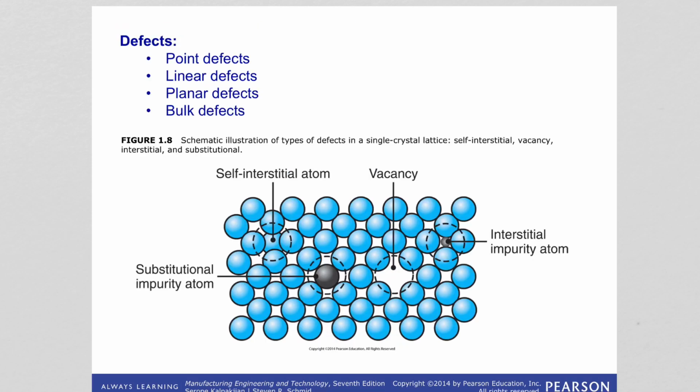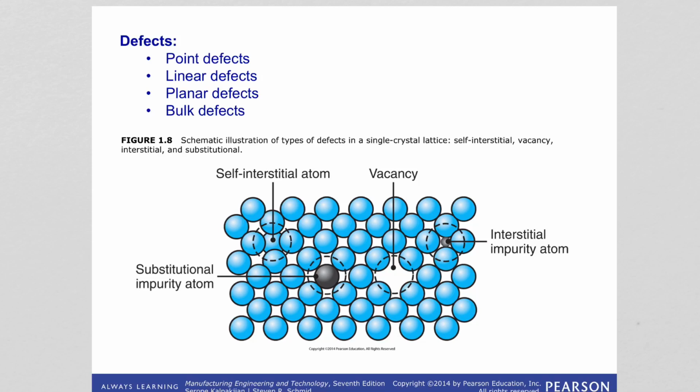Okay, so now the imperfections in crystals, like defects: point defects, linear defects, planar defects, and bulk defects. Defects are very important in the structure.